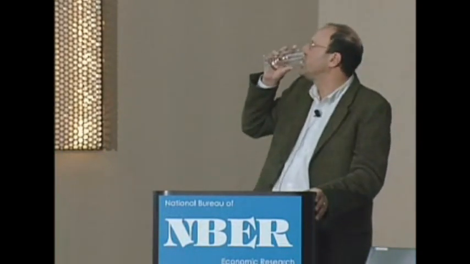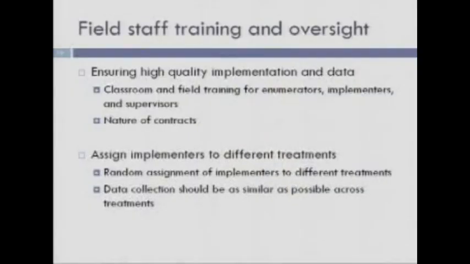Okay. It's very important. Getting the program implemented as it's supposed to be implemented is tricky. It's very easy to mess that up. So you really have to be very involved in that. Things that you would think would be quite easy turn out not to be. So developing a training program for the people who are involved, the enumerators, the implementers, is important.